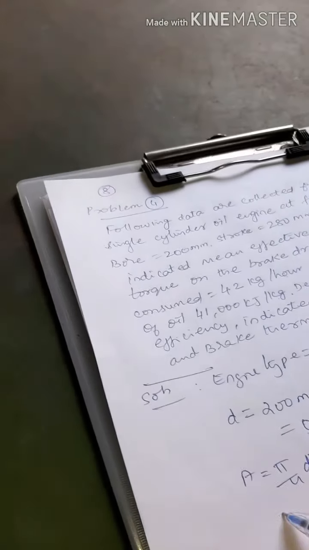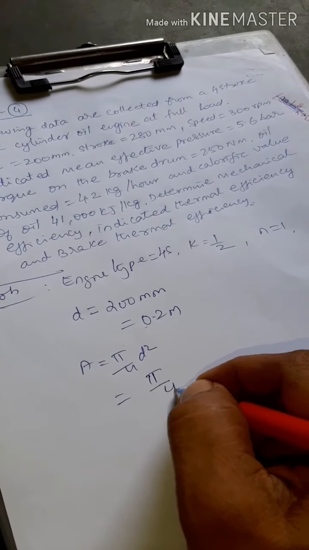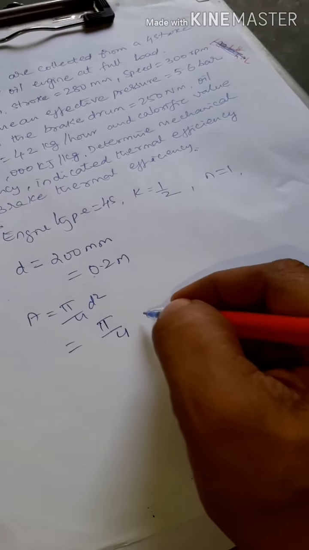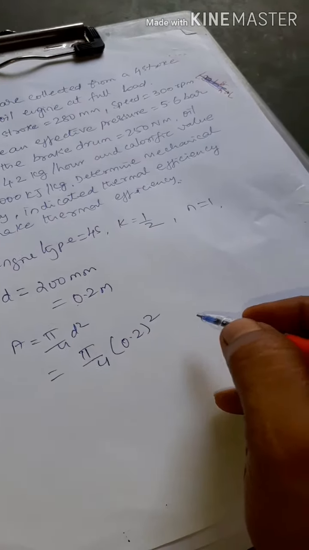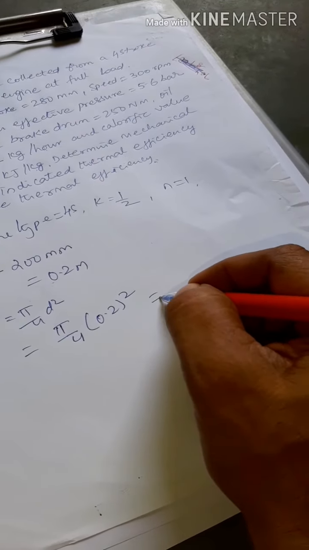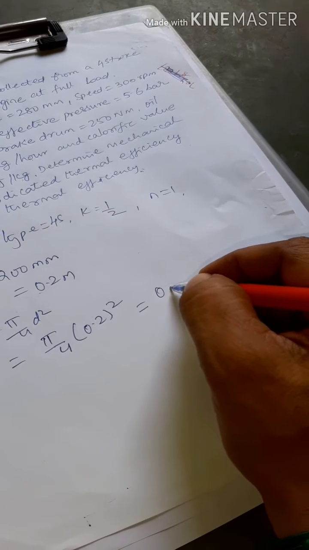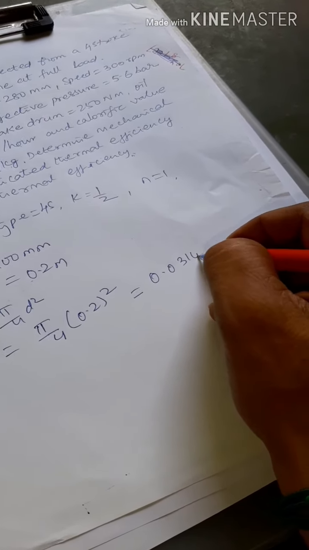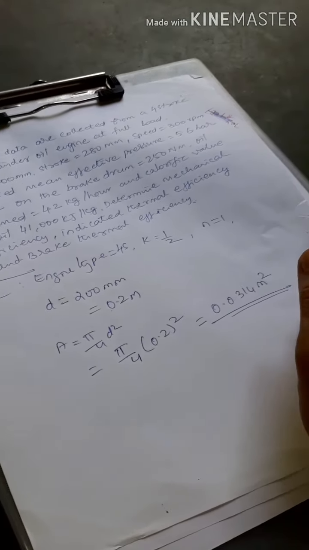So pi by 4 into 0.2 whole square. The answer for this you will get is 0.0314 meter square. This is the area of the cylinder.